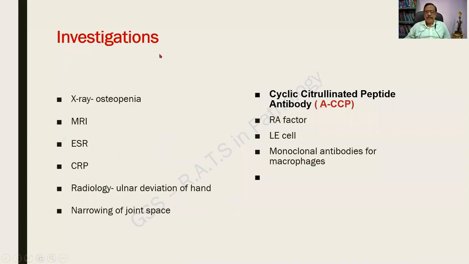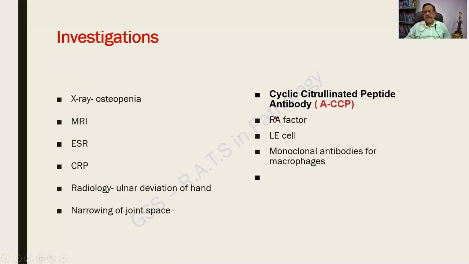The investigations, some of them are non-specific, some of them are highly specific. We shall see. The X-ray will show an osteopenia, loss of bone. MRI can be used to pick up changes. ESR is raised. C-reactive protein, because it is basically an inflammatory reaction. Radiologically, there is an ulnar deviation, narrowing of the joint space. There is an antibody called ACCP, cyclic citrullinated peptide antibody.